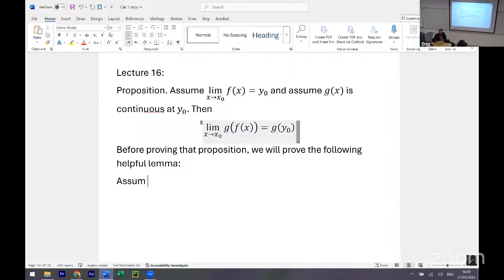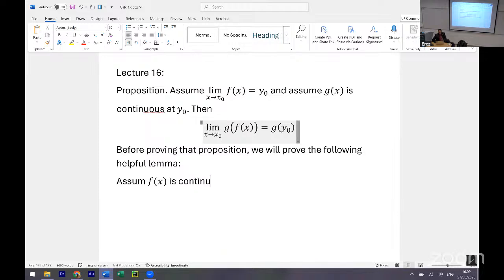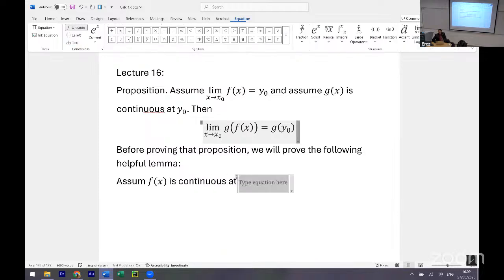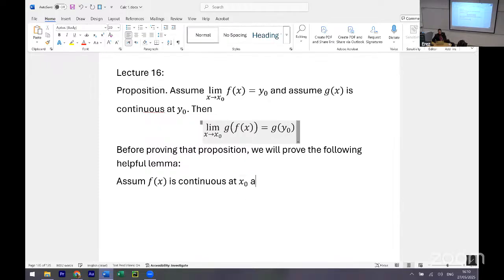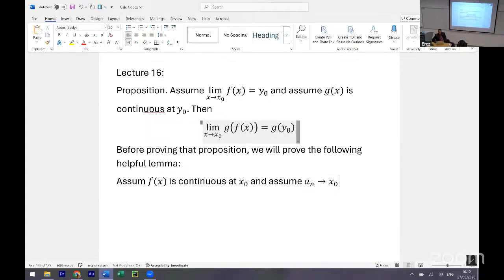Assume f of x is continuous at x0 and assume that an is some sequence that tends to x0.